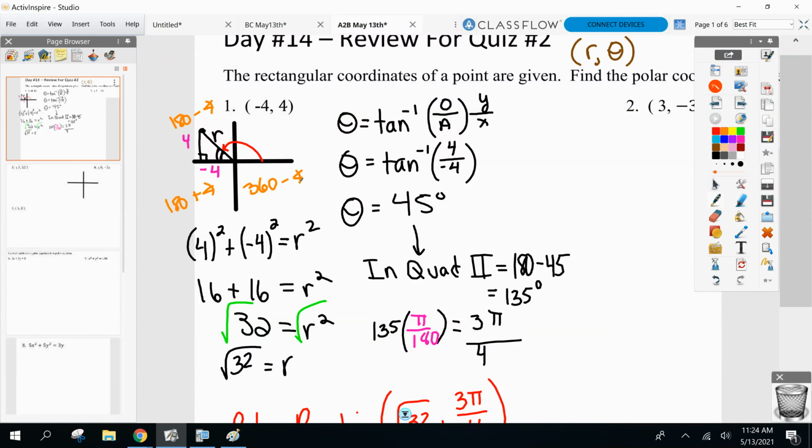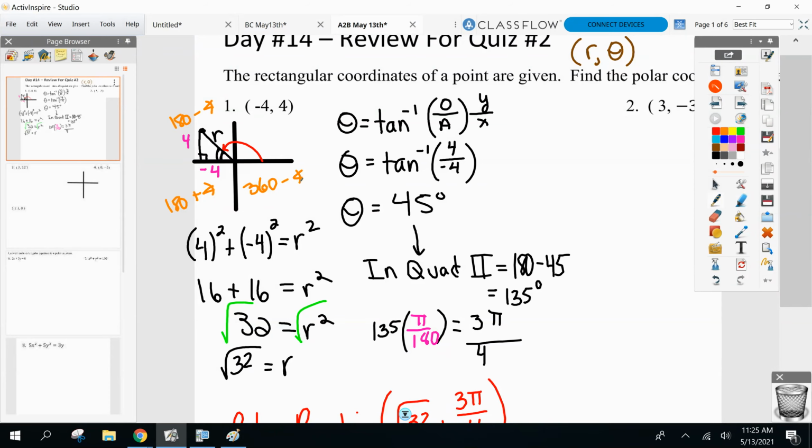That's how I get my theta in all those. What if it's in quad 1? Leave it. Yep, that is your angle. Anything I can answer for you there? There'll be a couple like that. I think maybe a multiple choice and maybe one you have to do out like this.